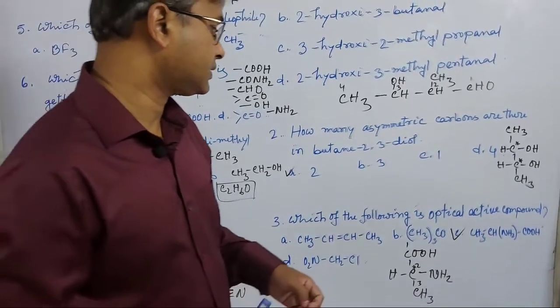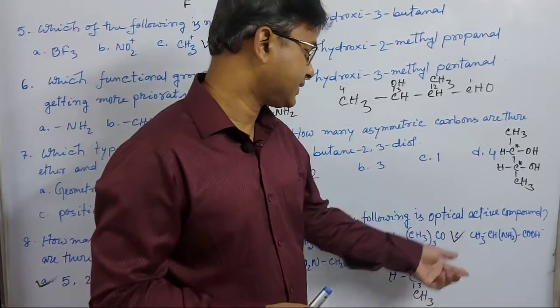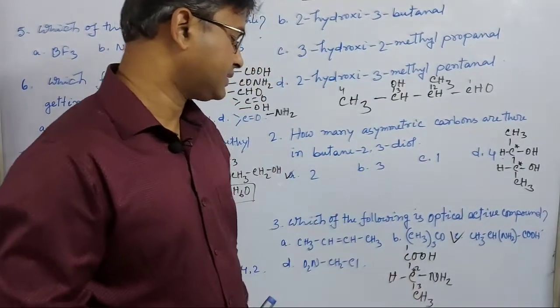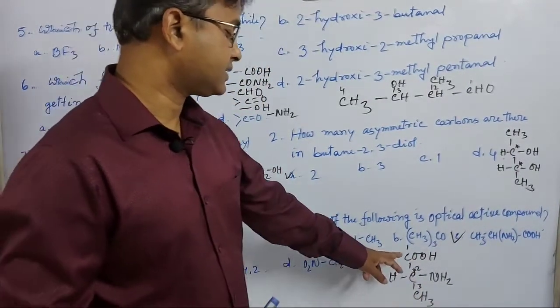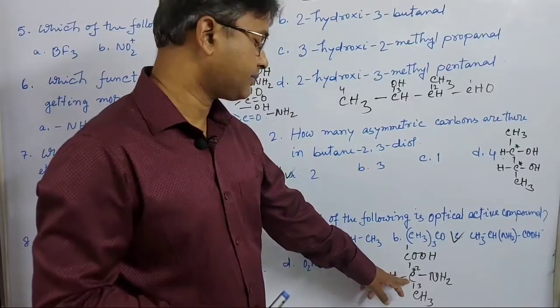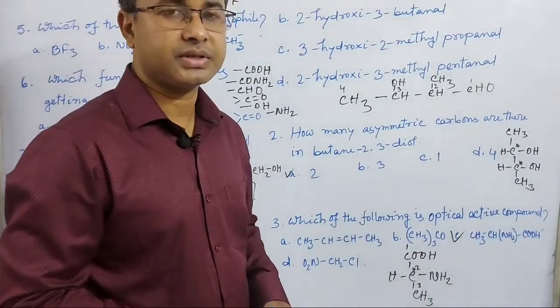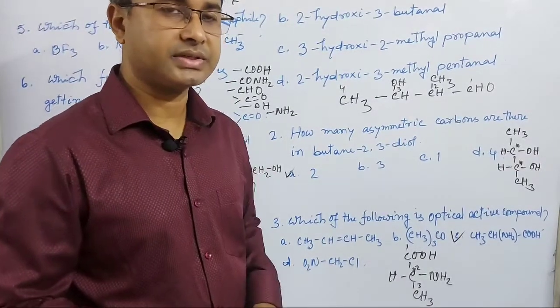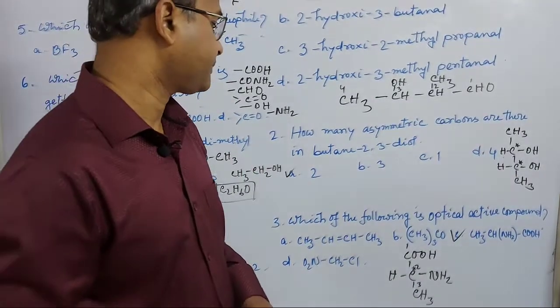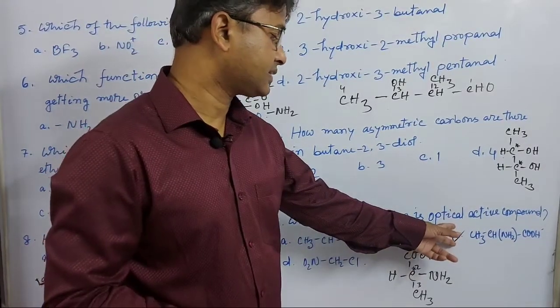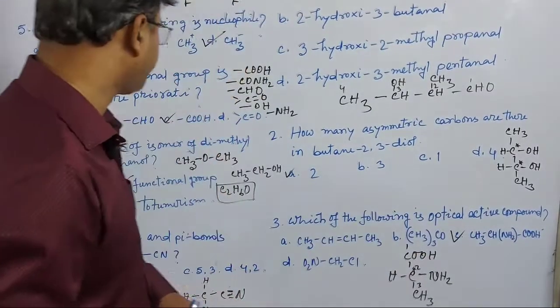If I consider the choice C, it will be 2-aminopropanoic acid. 2-aminopropanoic acid contains a chiral carbon, and of course it rotates the plane of polarized light clockwise or anti-clockwise. That's why it is an optically active compound, and the correct answer is actually C.